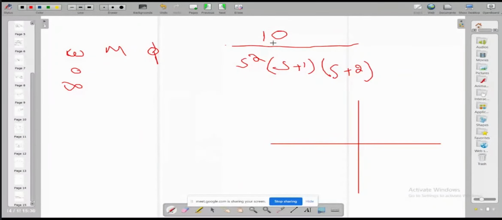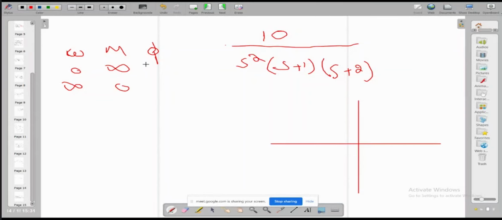At omega equals to 0, the magnitude is 10 divided by 0, which is infinity, and for omega equals to infinity the magnitude becomes 0.